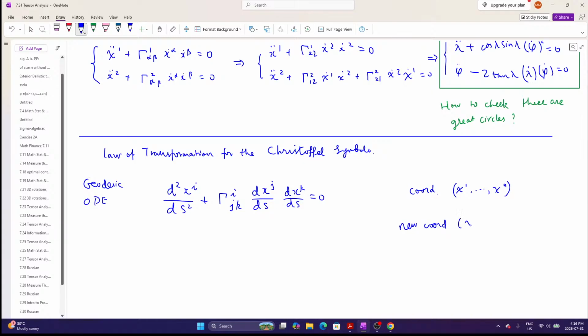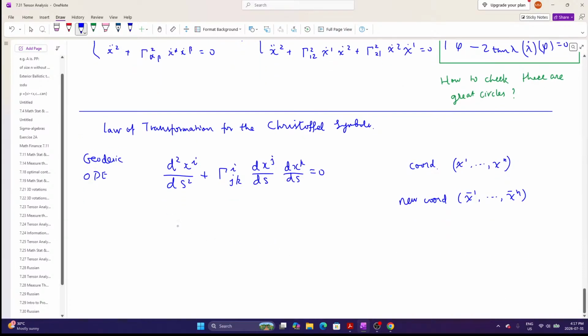The new coordinate system would be x1 bar all the way to xm bar, right? This is our convention from the beginning: the bar coordinates are the new ones. Of course this is still the geodesic. Geodesic is something that is intrinsic to the Riemannian space in question.